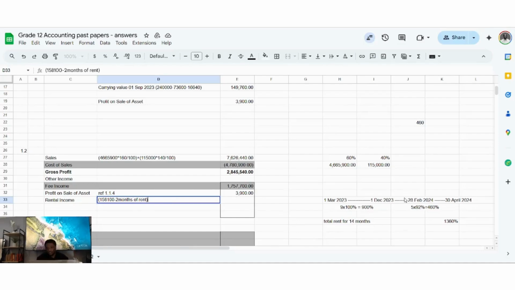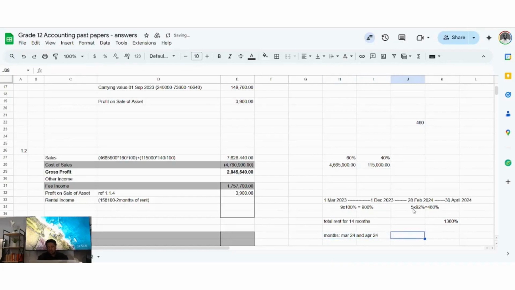Now those 2 extra months, what are they? Months of March 2024 and April 2024, that is basically 2 months, right?